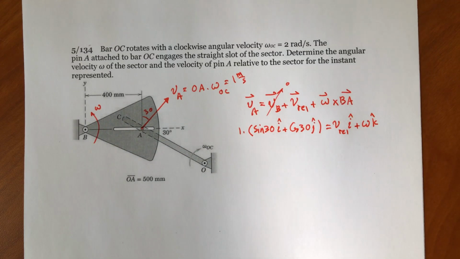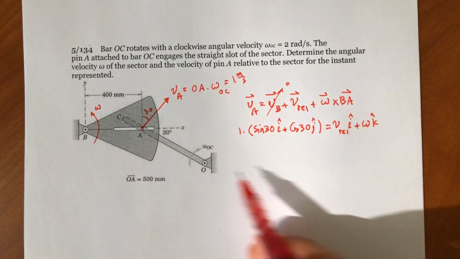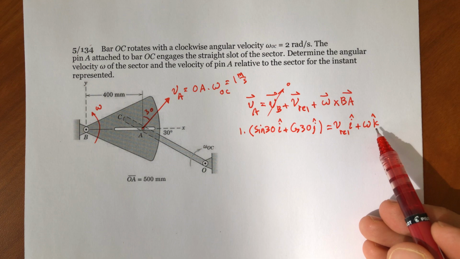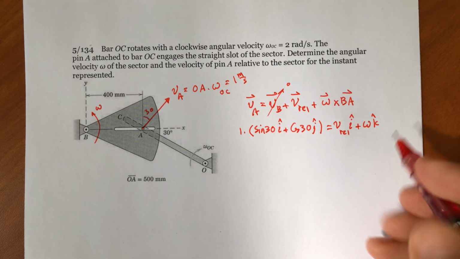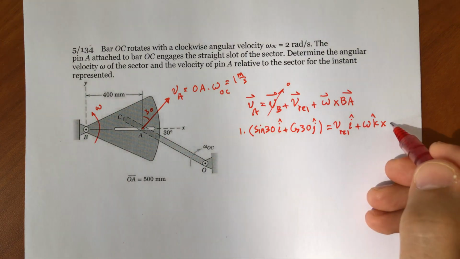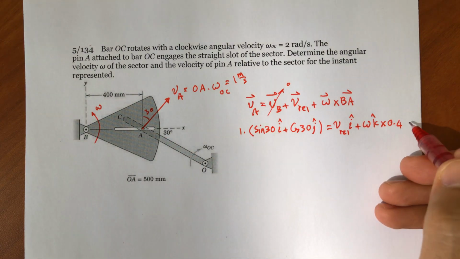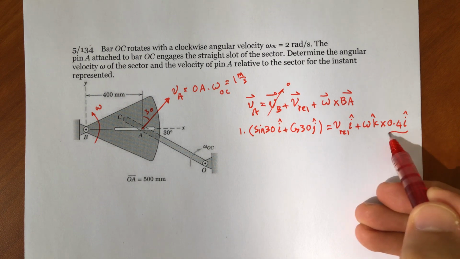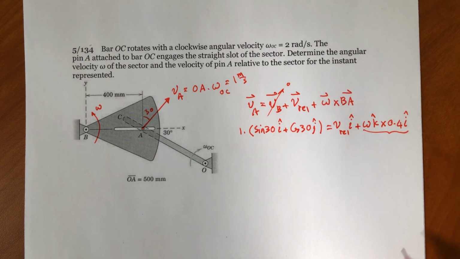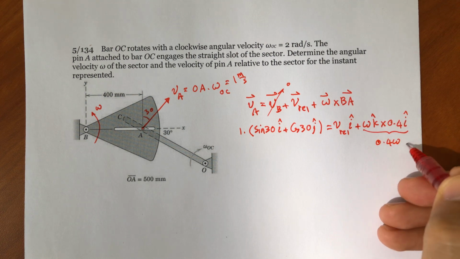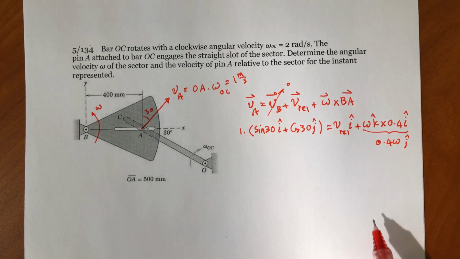It can be positive or negative because we have planar motion. In 3D motion, omega is not always in the K direction. Cross product to BA, and BA is 0.4 in the I direction. We have only one cross product here. K cross I is J, so this is going to be 0.4 times omega in the J direction.